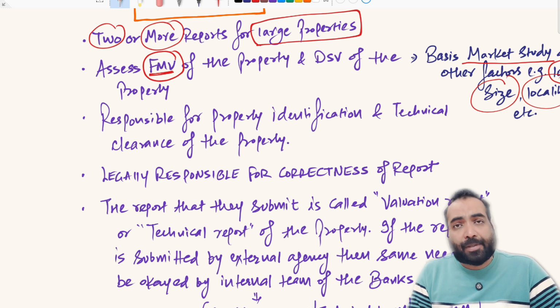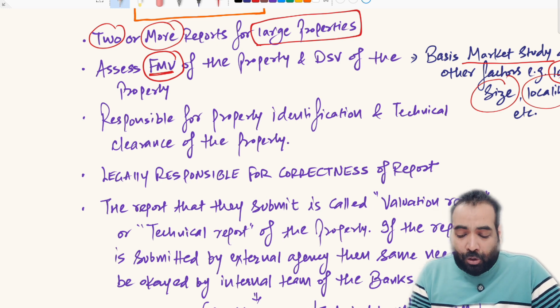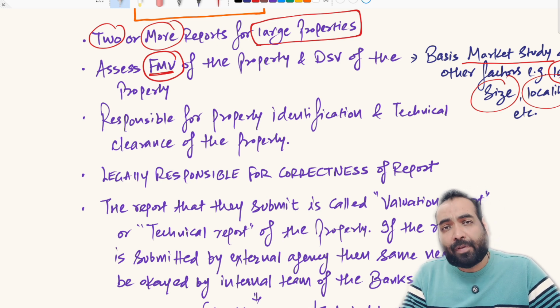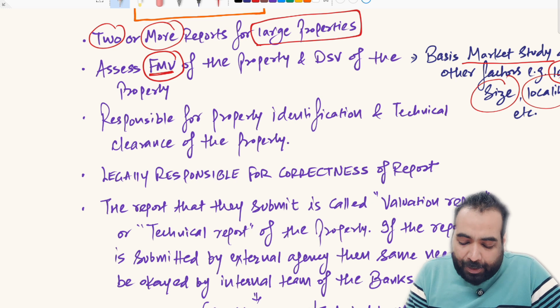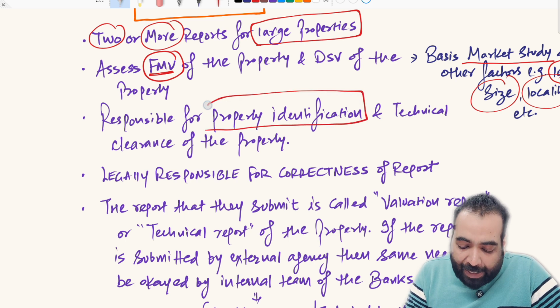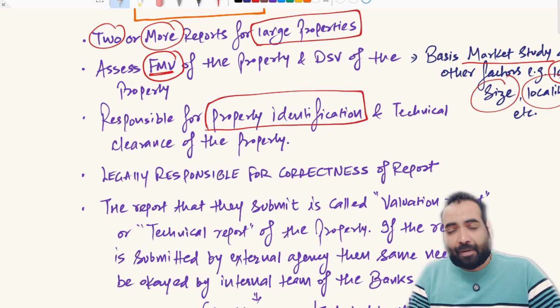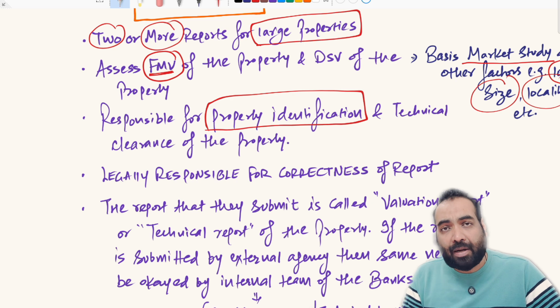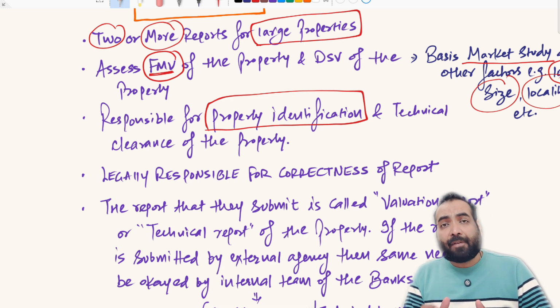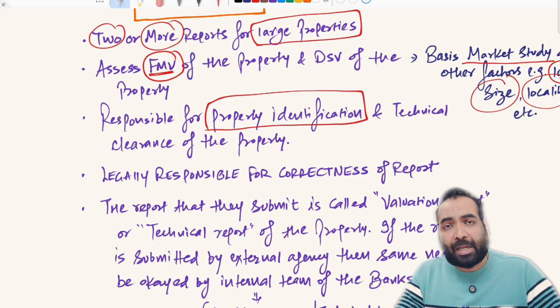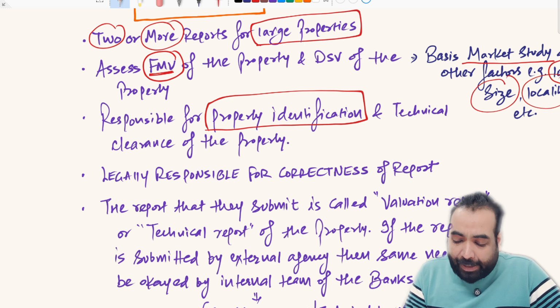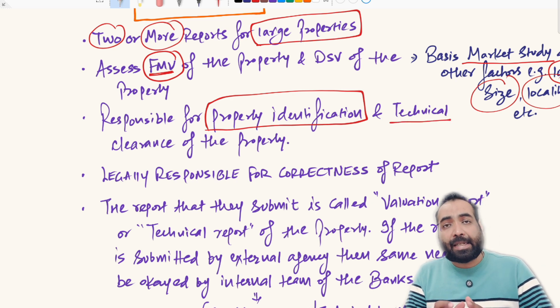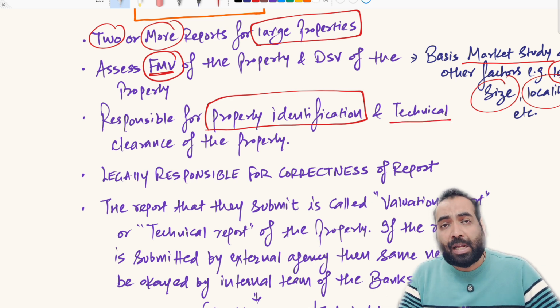So these valuers, this technical team, not only give the fair market value of the property, but they are also responsible for the property identification part. We will cover in the coming videos what property identification is, but they are very much responsible for it. And technical clearance of the property means giving a clear valuation report that the property is technically clean to mortgage for the banks.